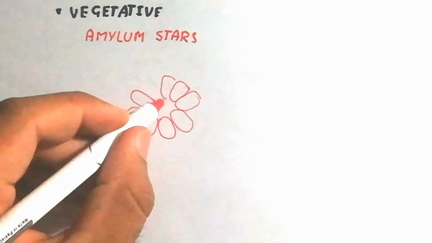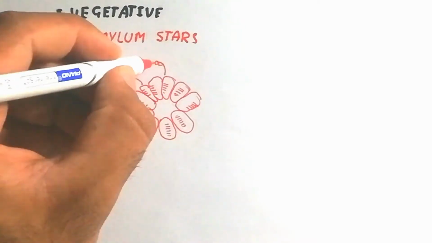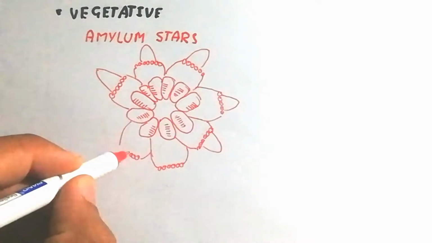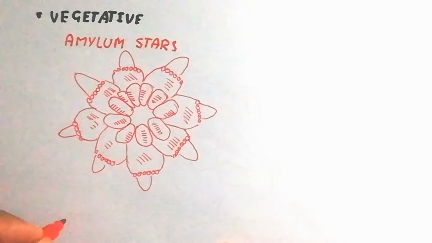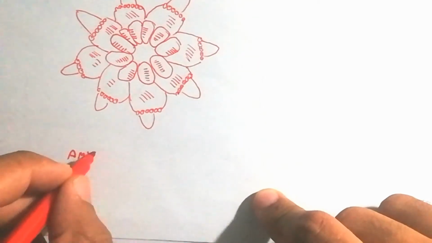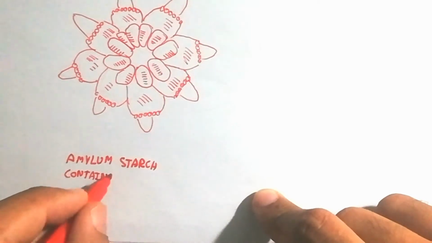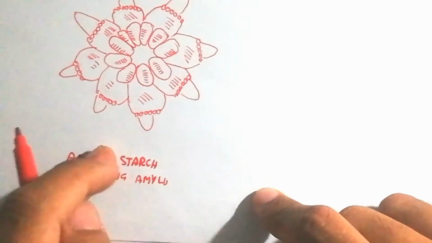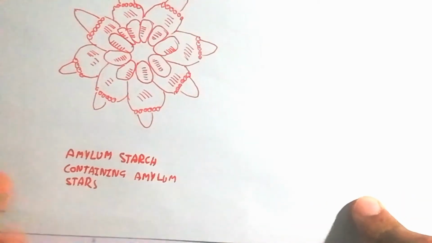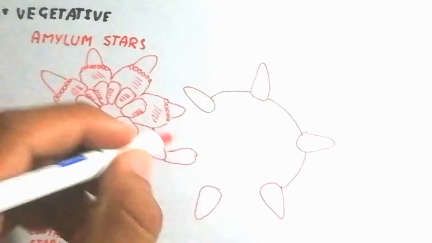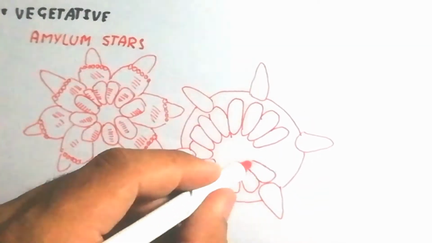In vegetative reproduction, first of all the amylum star is produced, that is the maturation of the amylum star. It is a very beautiful structure which contains amylum starch, a type of carbohydrate that is stored in the amylum star.